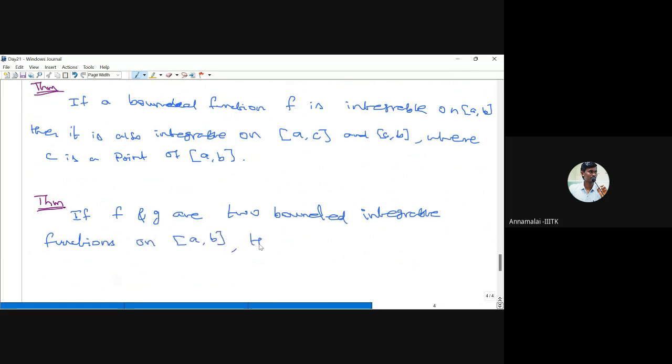Then f plus g is also bounded, and f plus g or f minus g is integrable.